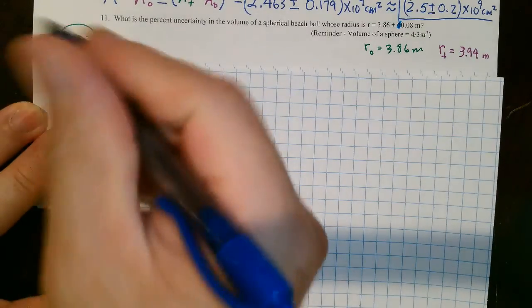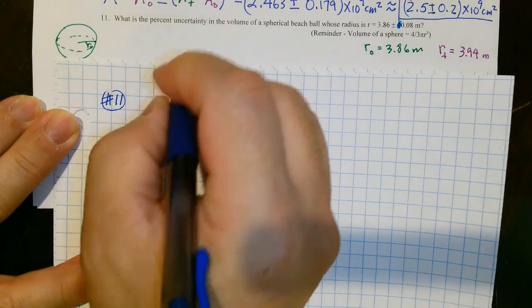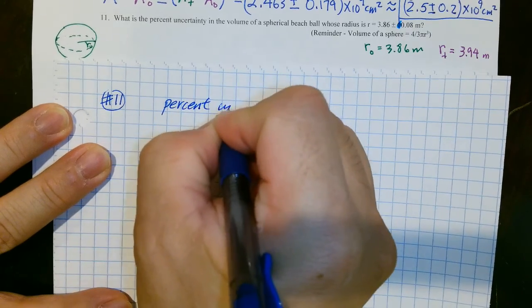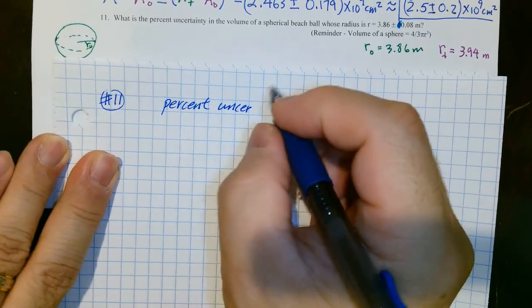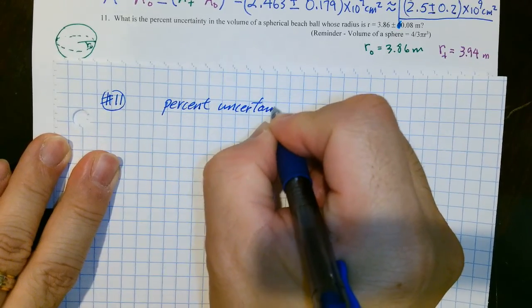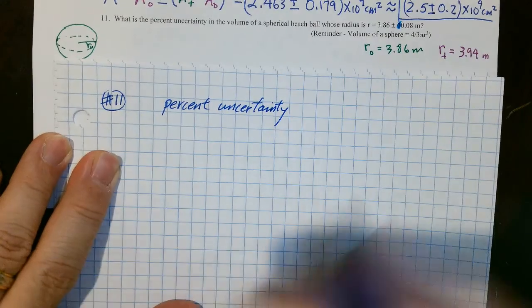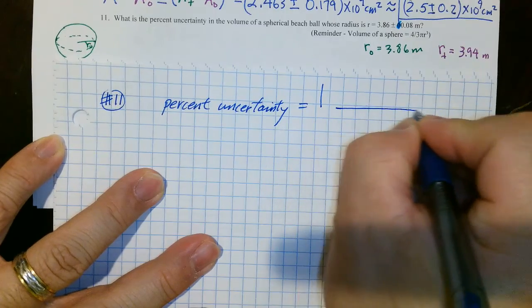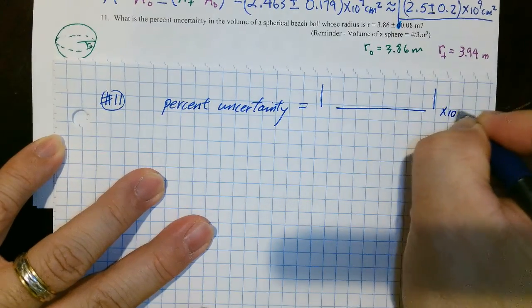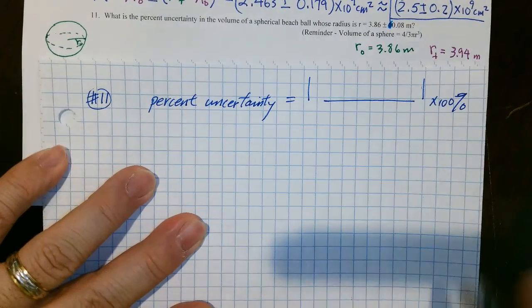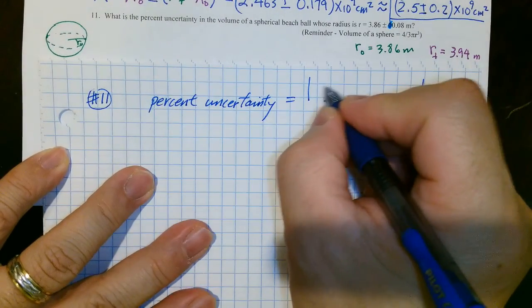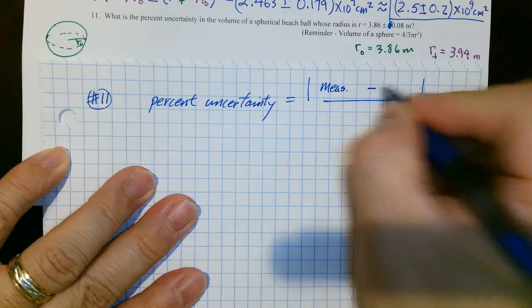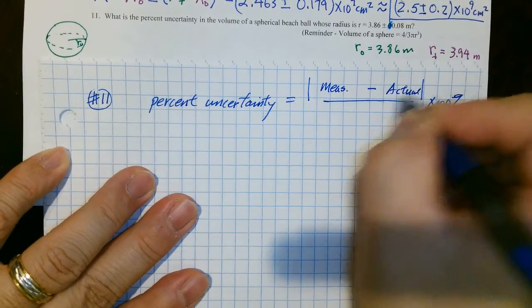So for number 11, percent uncertainty can basically be written as measured minus the actual, over the actual.